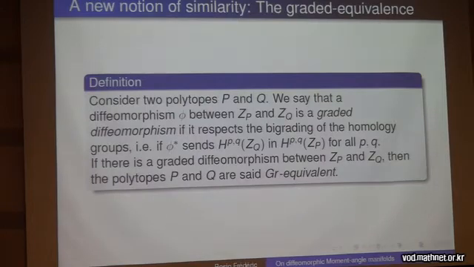A diffeomorphism between manifolds induces an isomorphism in cohomology, but does such a diffeomorphism always respect the bigrading? We will show that this is not the case in general. So we say that two polytopes are graded equivalent if they are diff-equivalent with a diffeomorphism that respects the bigrading in cohomology.